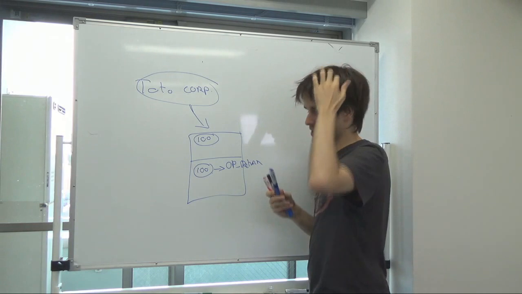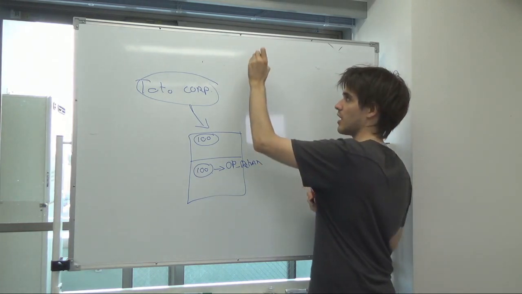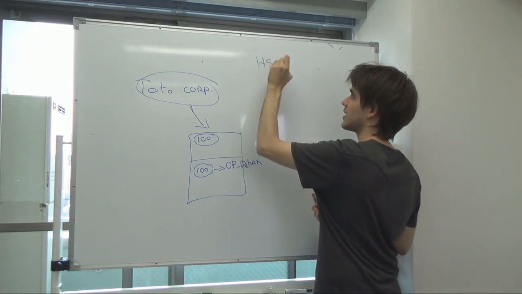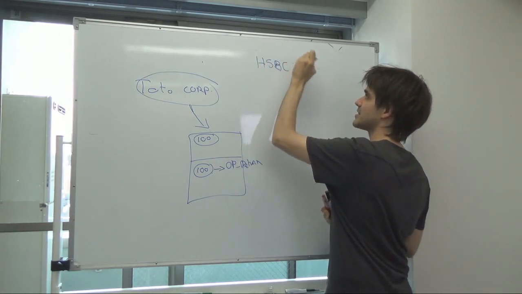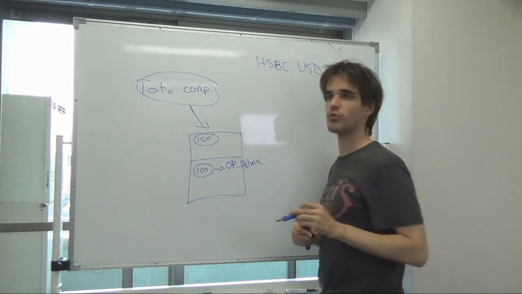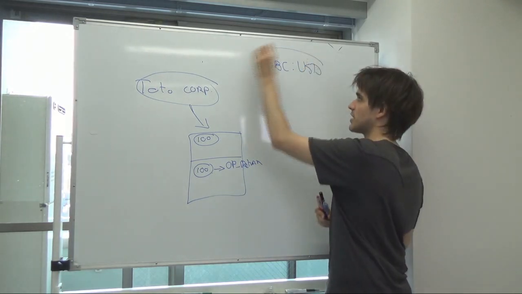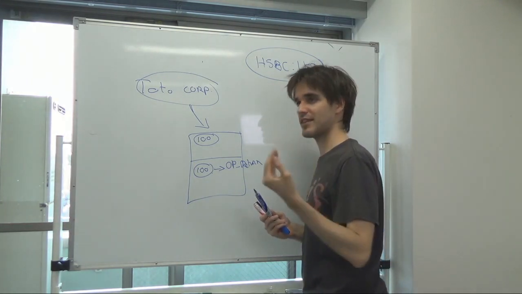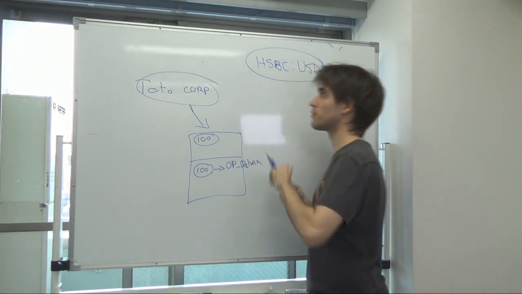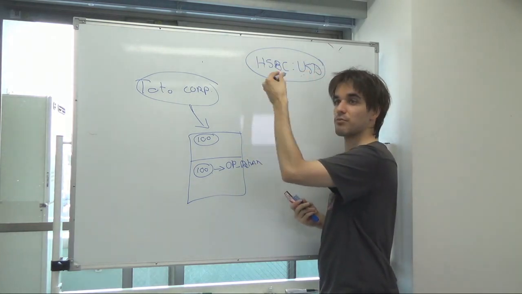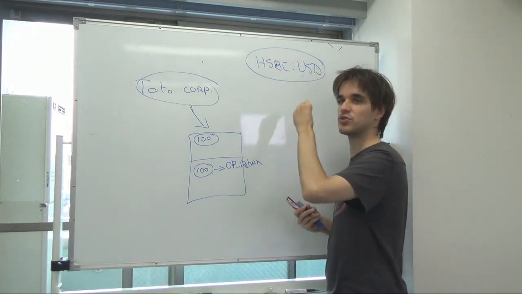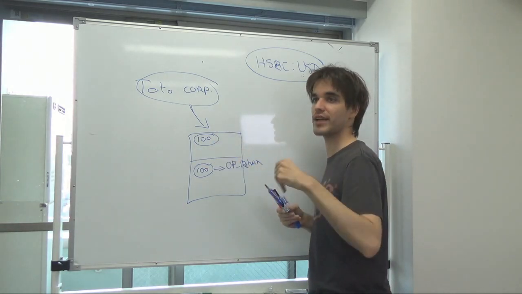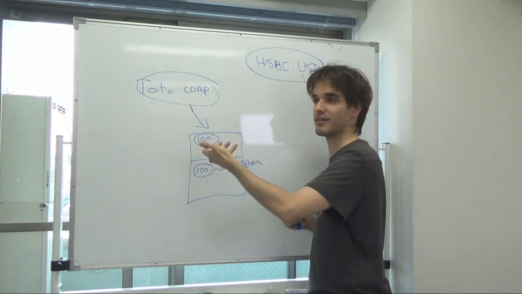Let's say HSBC might emit their own USD on the Bitcoin network, but in the contract they can specify that they have a legal obligation to convert this USD into real cash if you go to their place, or maybe against Bitcoin at the rate of the day.